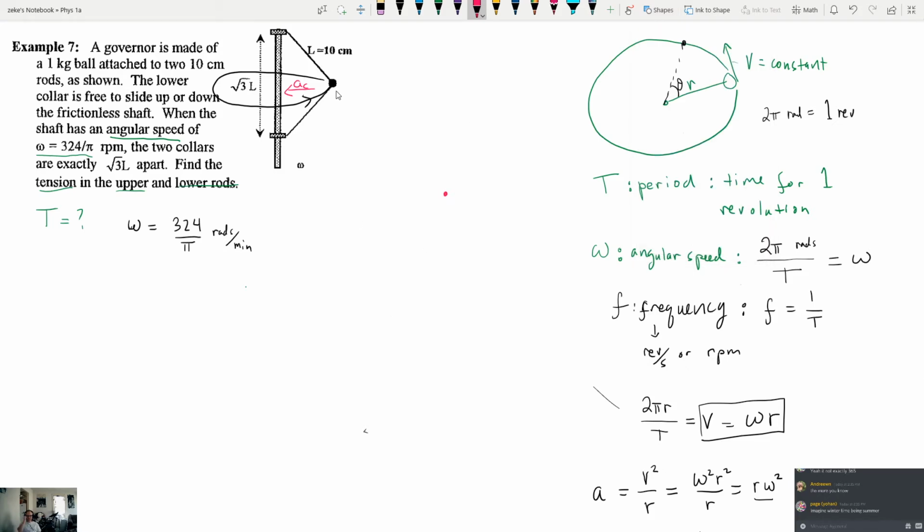So what are the forces that are acting on the ball going to be? That's what we're looking at, is the forces on the ball. What forces is it going to experience as it's rotating around like this?